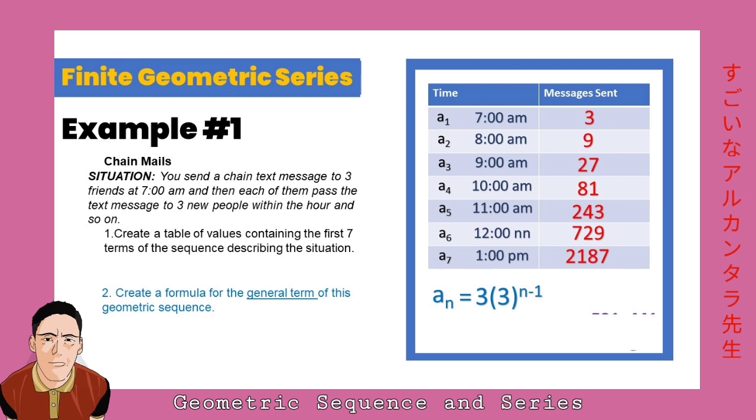So if we continue with this one, we can actually get the number of messages that will be sent after 11 hours. Now, this is something that I would like to discuss. Based on the question in here, it says after, meaning to say we are not just considering 11 hours in total, but 12. Why is it 12? Because the word is after. So for example here, your first term is 7 a.m. The first hour hasn't started yet.